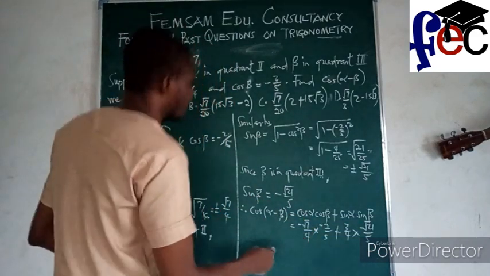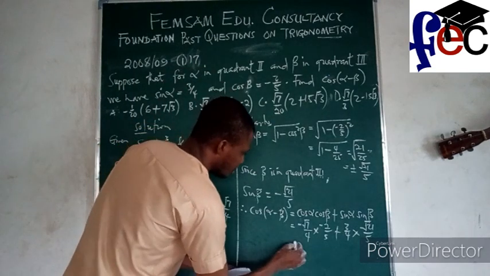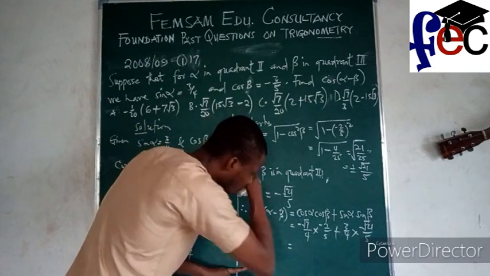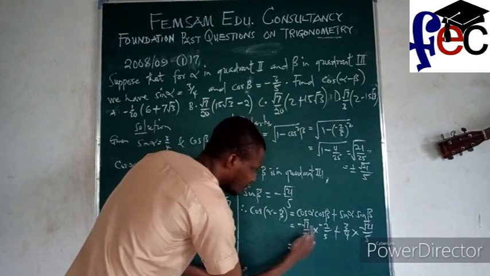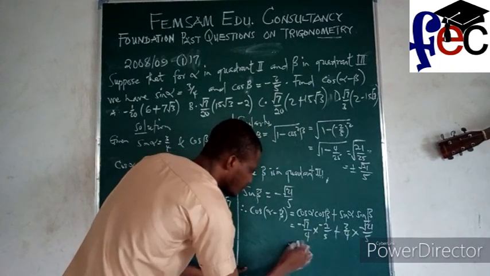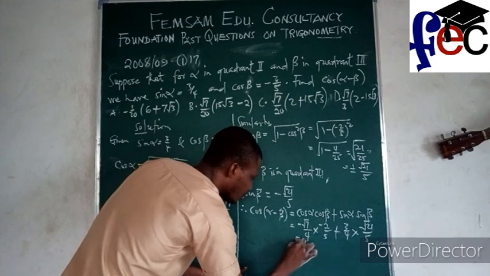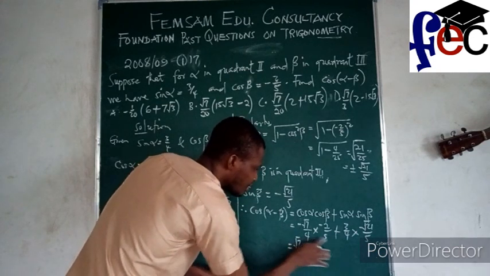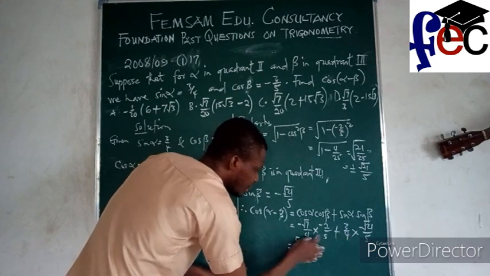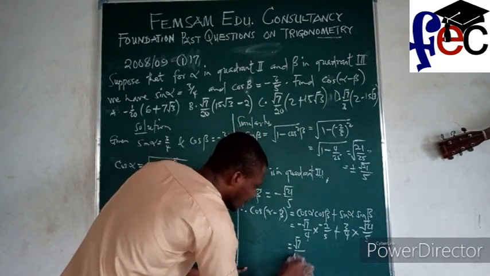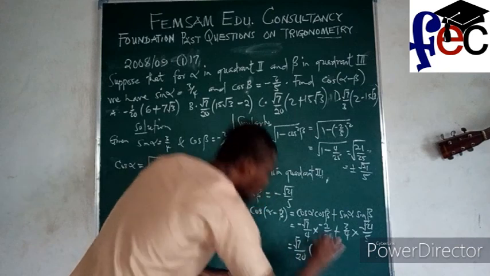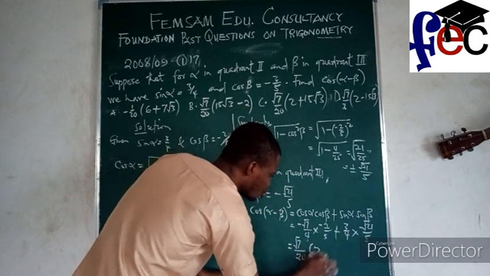Okay, I think I can write it out this way so that it is easy. This will give me over 20. I'm factoring out root 7. The LCM here is 20. So what I'll be left with here is going to be 2.